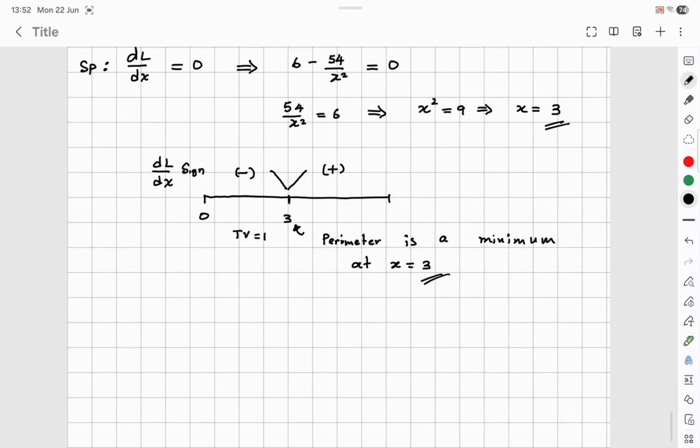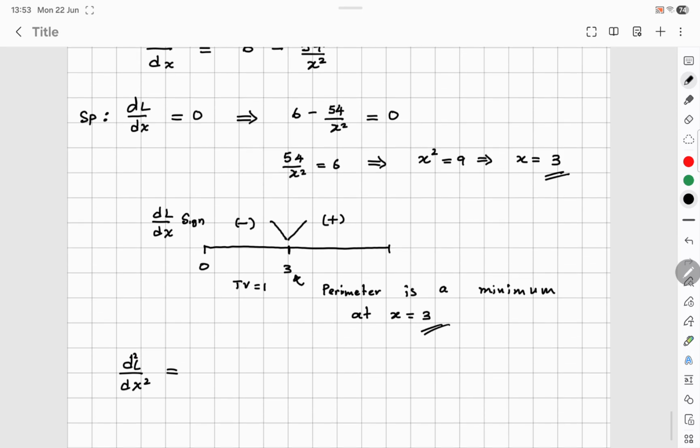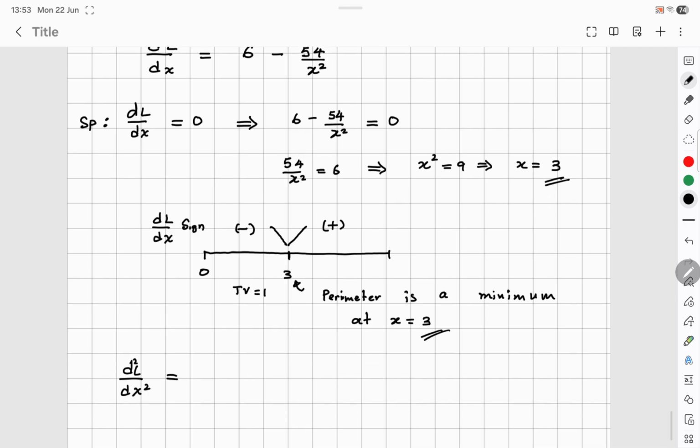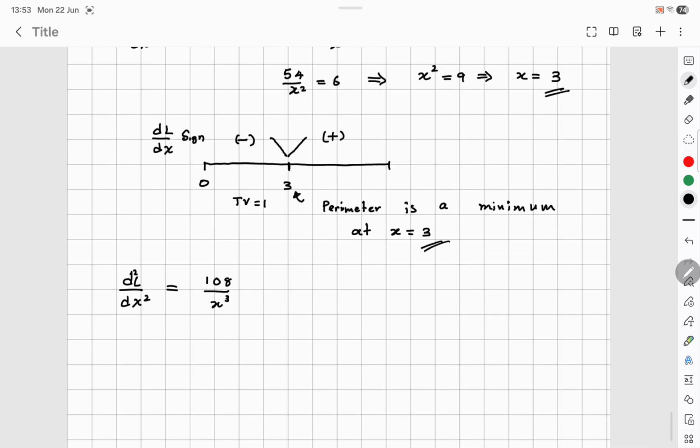Okay, you can also show that the perimeter is a minimum using the second derivative test. Then you have to find what? d squared L over dx squared, which will give you what? Minus 54 times x to the power of minus 2, you get 108 over x cubed, right? So this is the second method to show that x equals 3 is a minimum.